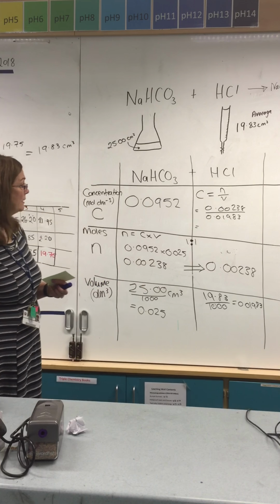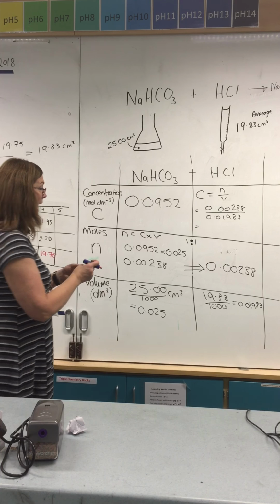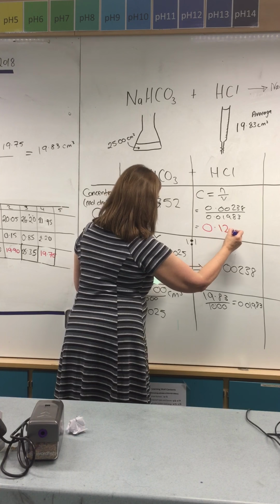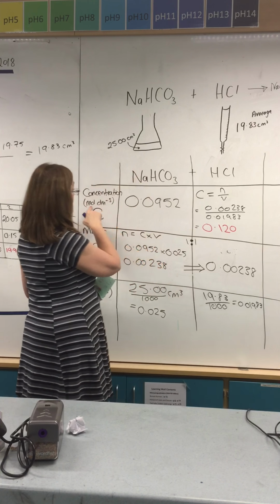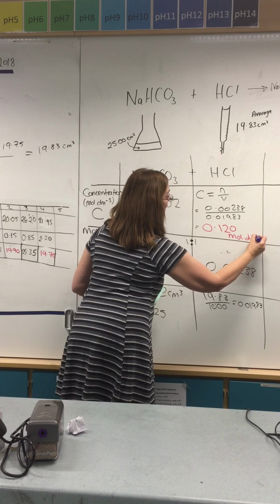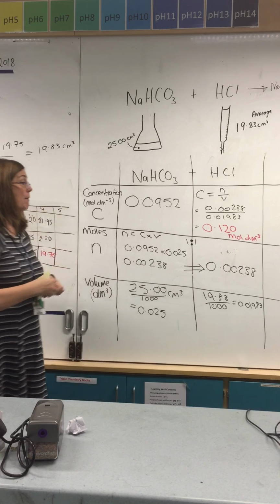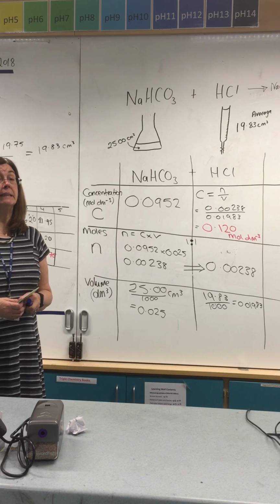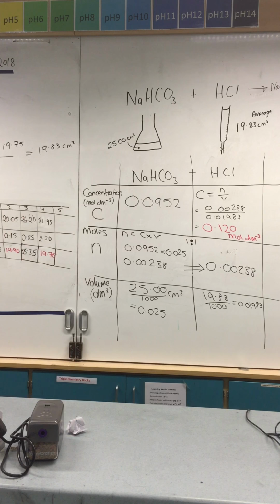And the final answer for that, put that into the calculator, and it will come out at 0.120 moles per decimetre cubed, and I'm just going to put that in again, moles per decimetre cubed. So that is the concentration of the hydrochloric acid that was supplied to me today.